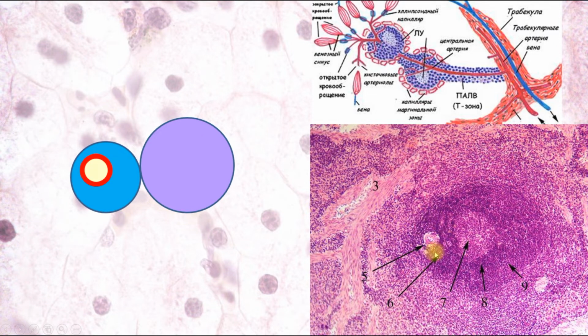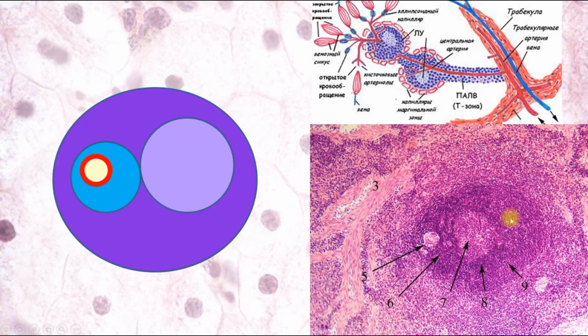Here we can see T and B-dependent zones. And also we have the mantle zone which surrounds both. Here we can see the two previous zones, and they are surrounded with the mantle zone. This mantle zone is mixed T and B at the same time, but B lymphocytes prevail. So mainly B lymphocytes are present here.